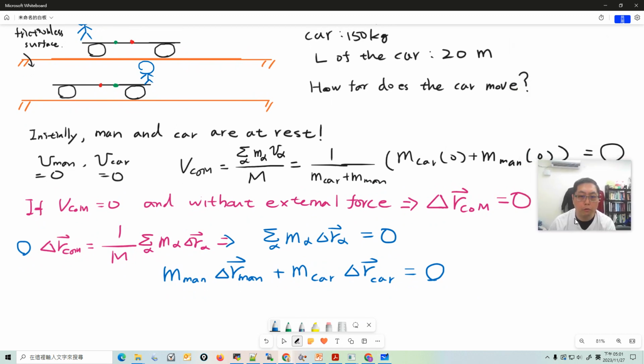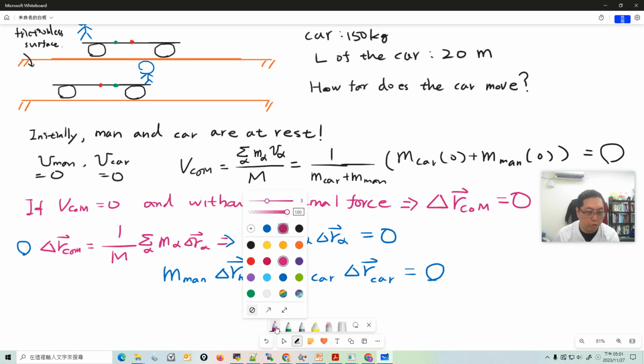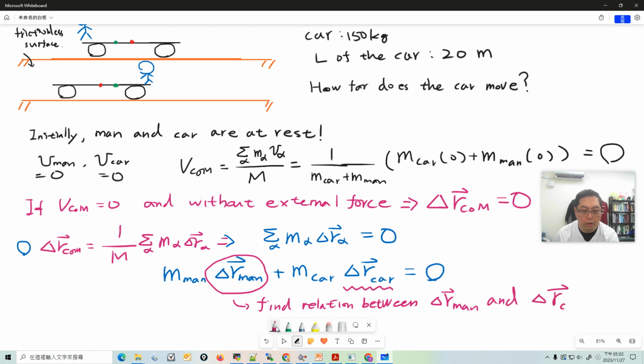We will use this equation to solve the problem. The problem wants to find out how far the car moves, so we have to replace this term. We have to find a relation between delta R man and delta R car.